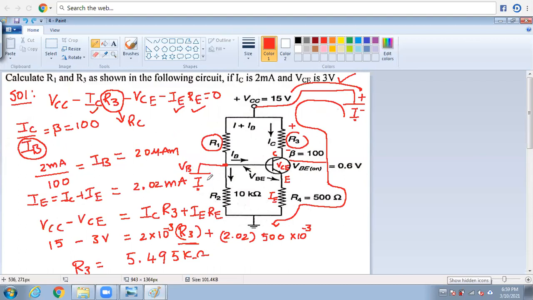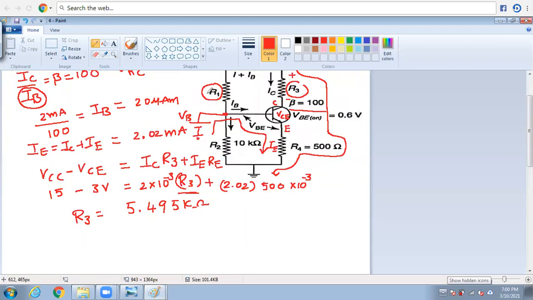So here I will write one more loop equation like this: VB minus VBE minus IE into R4 equals 0.